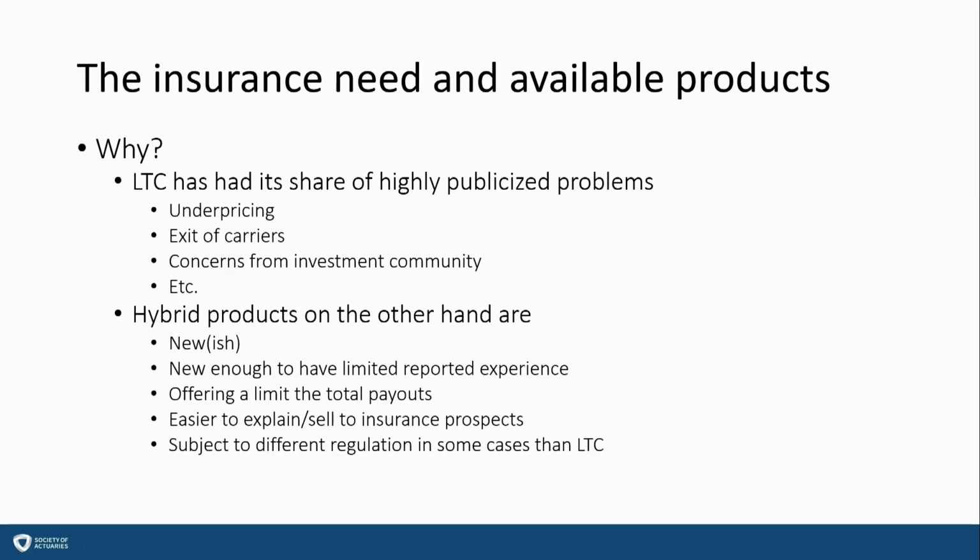That's usually the concern with traditional long-term care, where you don't know how long you're going to pay for the individual if they have unlimited benefit, for example. With this, there's a cap. There's just the maximum you're going to pay. It's also easier to explain to people. You basically tell them you're interested in having life insurance, but should something happen to you in the future, something more catastrophic, resulting in you getting a chronic illness, you can access that money earlier. And you don't have to wait until you're dead, obviously.